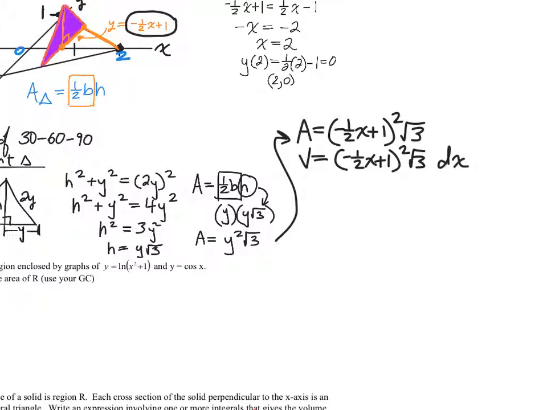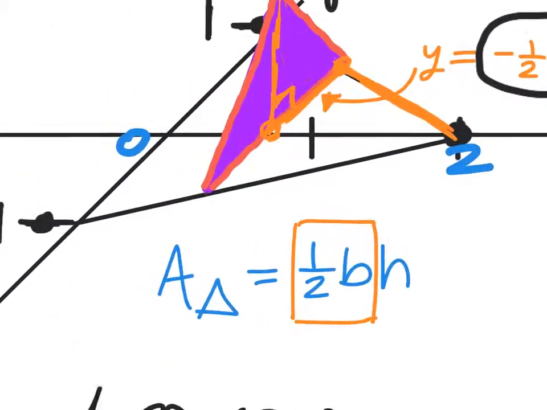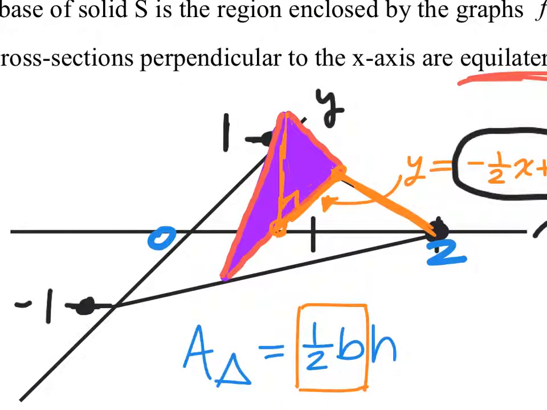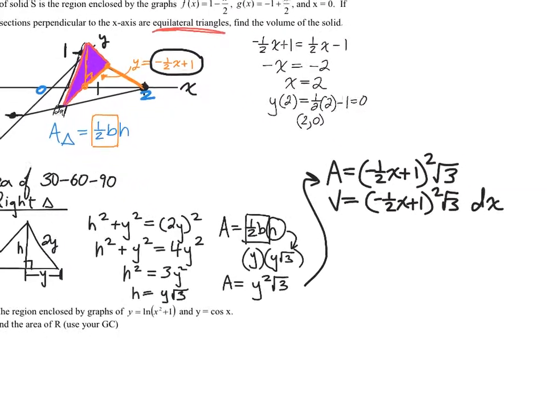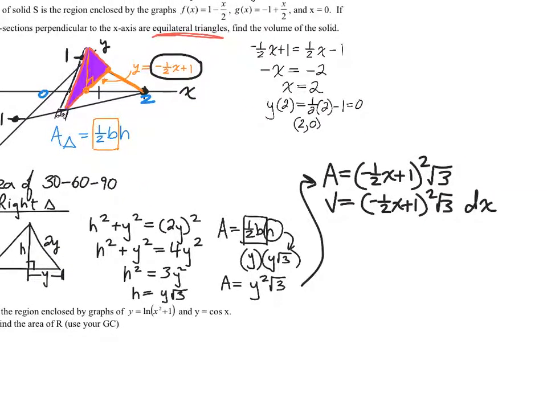Because again, we have to assume that there's some thickness. I'm going to zoom in real quick, but then I'll bring it back out. We assume that the thickness is still there. We have this thickness in the x direction. That thickness is dx.